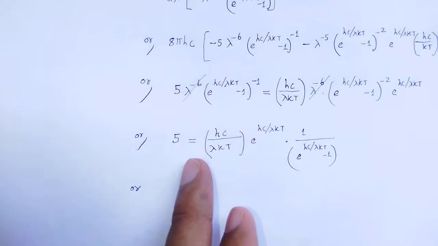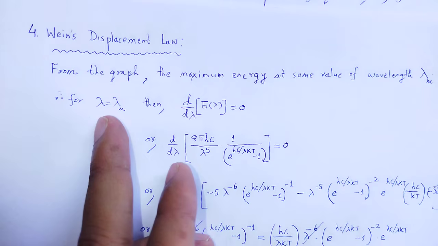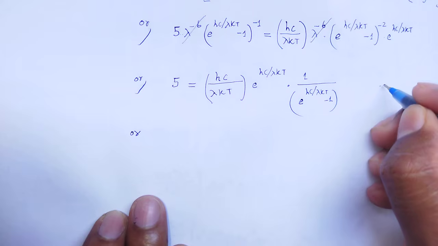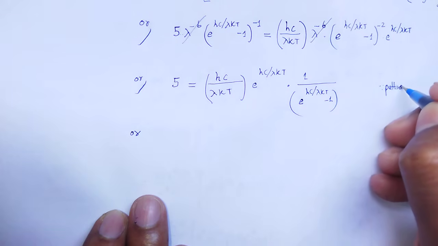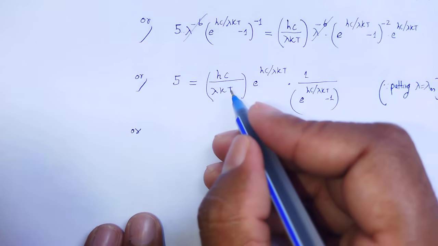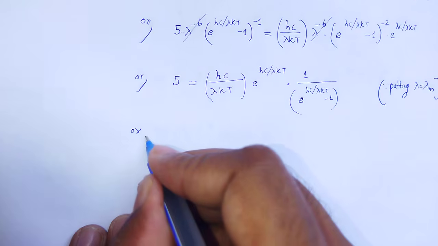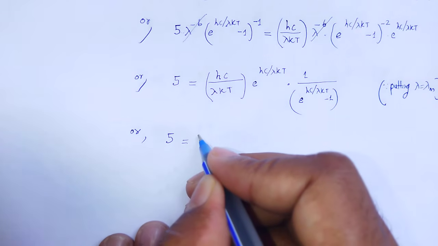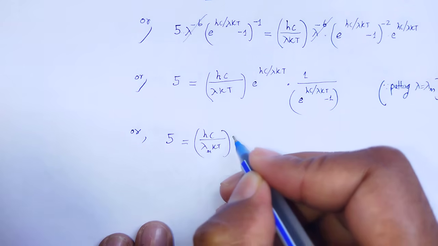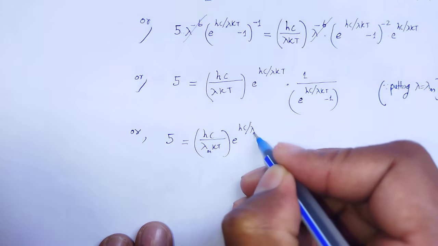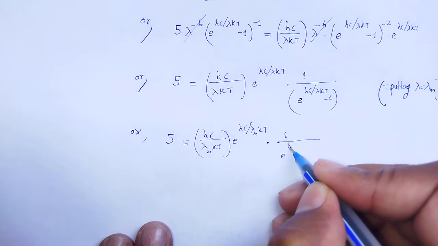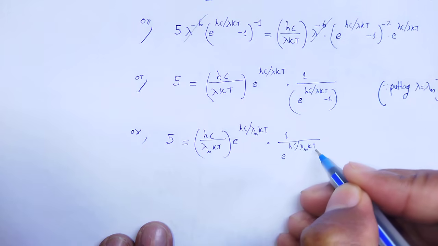But we calculate it at maxima, at lambda is equal to lambda m. Here putting lambda is equal to lambda m at maximum, that expression is 5 is equal to SC divided by lambda m kt, into e to the power SC divided by lambda m kt, into 1 divided by e to the power SC divided by lambda m kt minus 1.